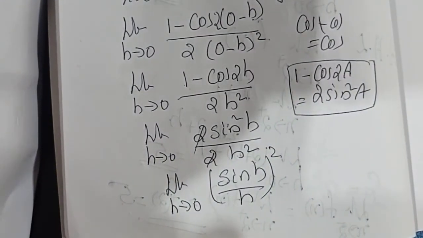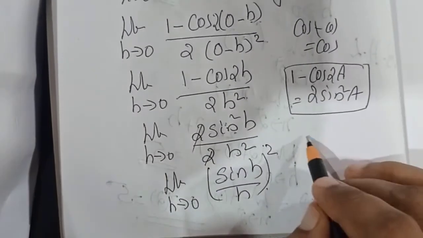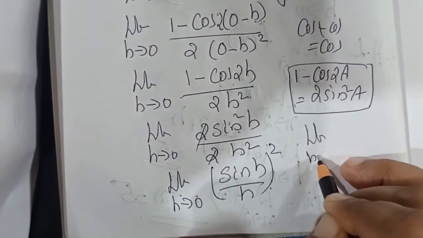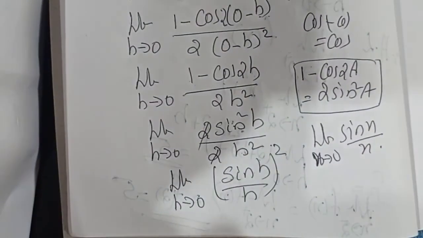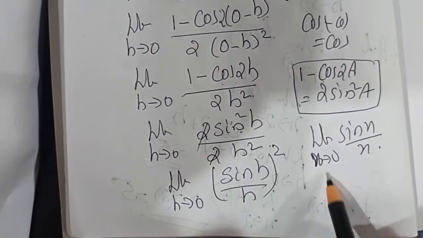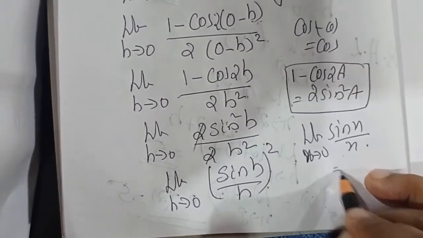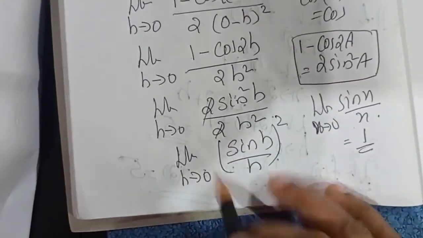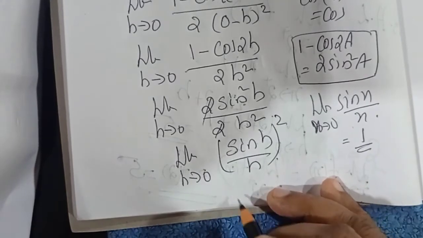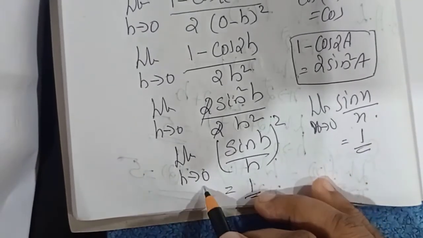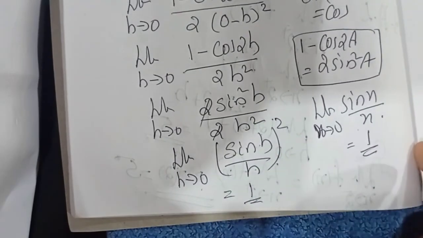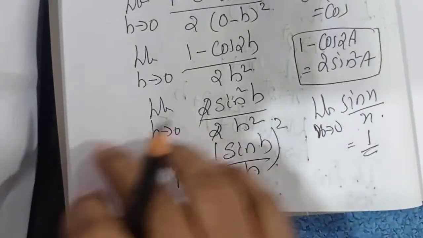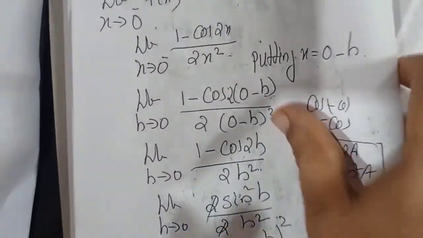Then can you say the limit x tends to 0 sin x by x, what is the result? That is equal to 1. Therefore, here the value is equal to 1. Limit h tends to 0 sin h by h is 1, therefore 1 square means 1. Understand? That is limit x tends to 0 minus, or LHL.